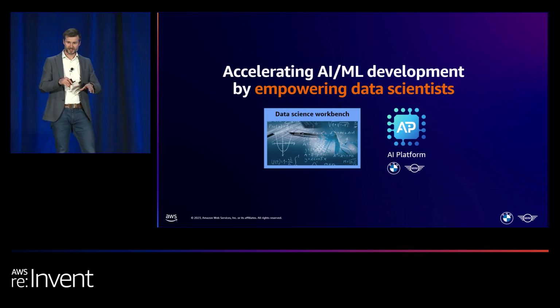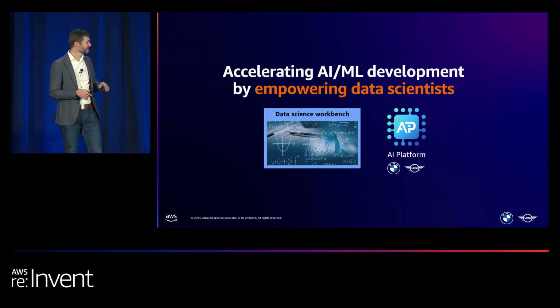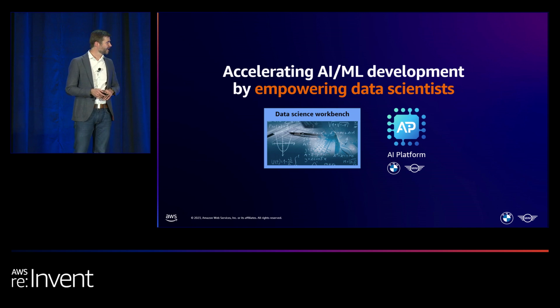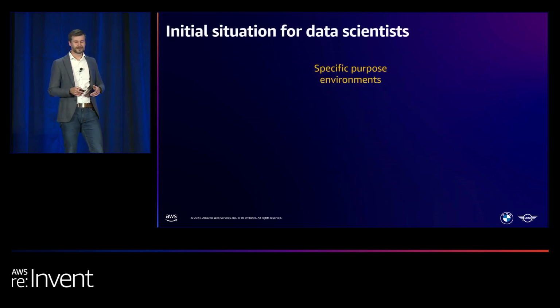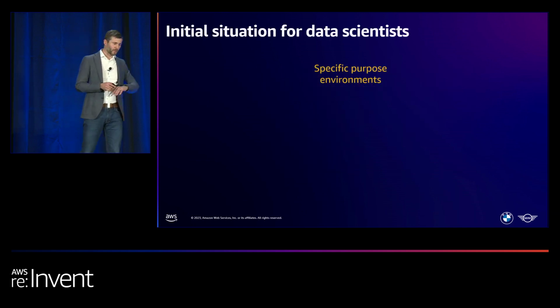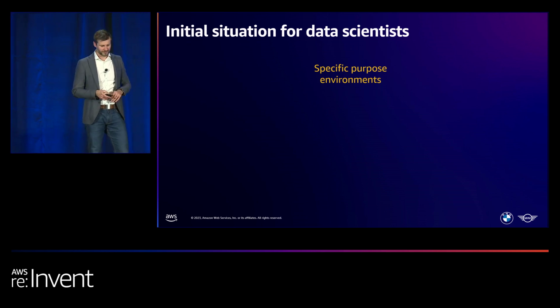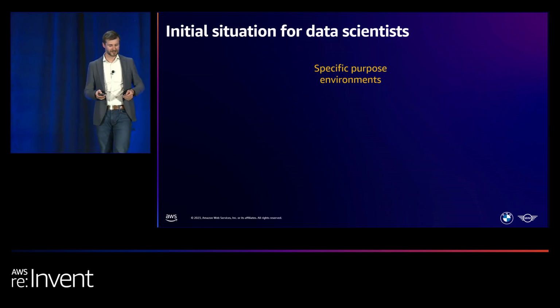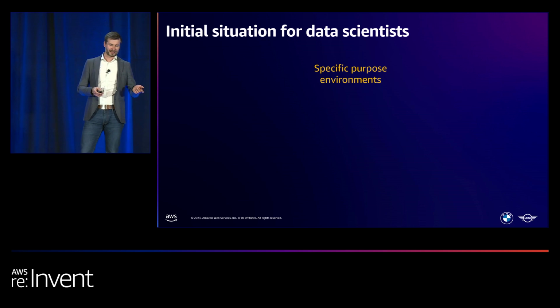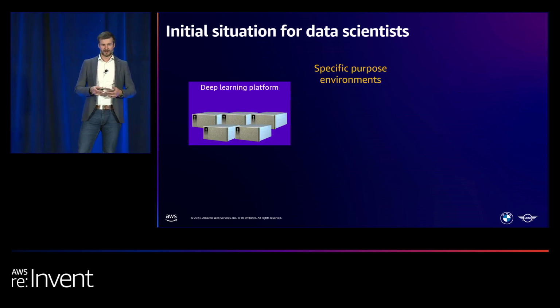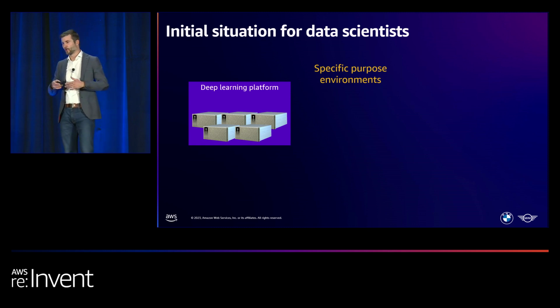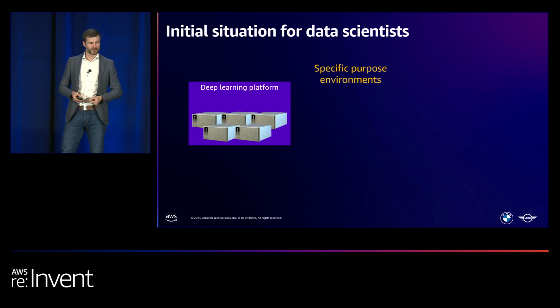part, the code-centric part for data scientists and machine learning engineers. And for us, way back, it started all with specific purpose environments. Looking back about 7 years ago, we saw an increase in use cases that work with unstructured data, with images, with audio data, with texts.